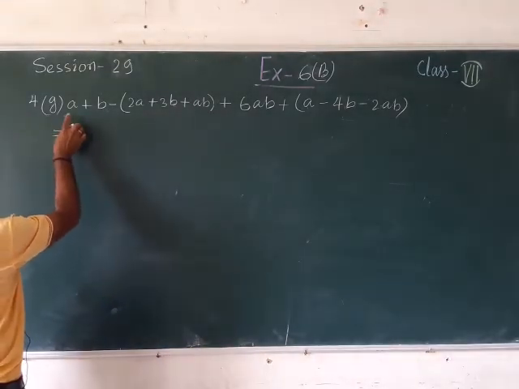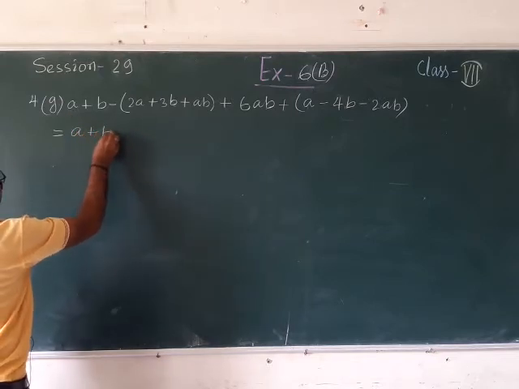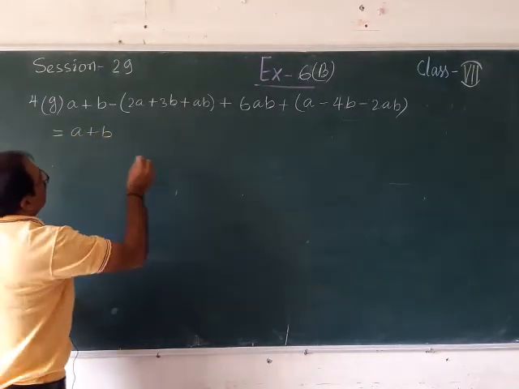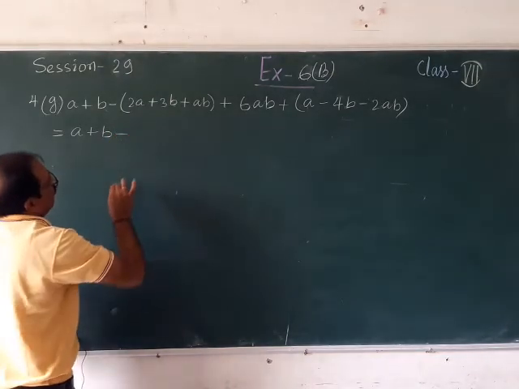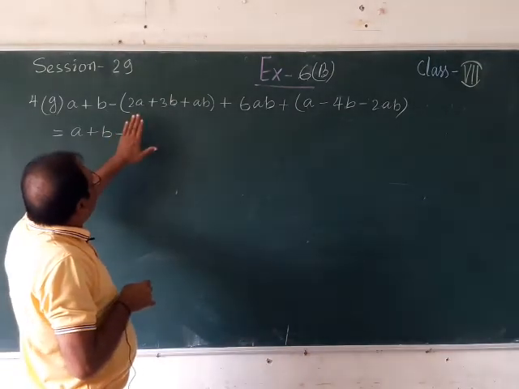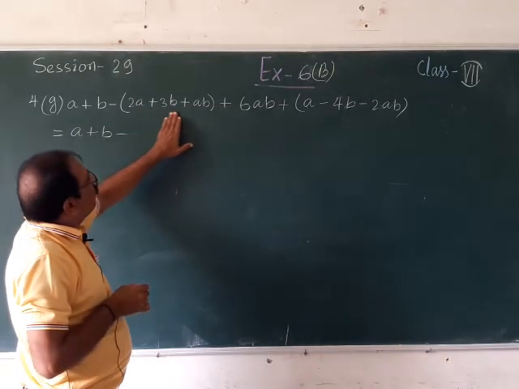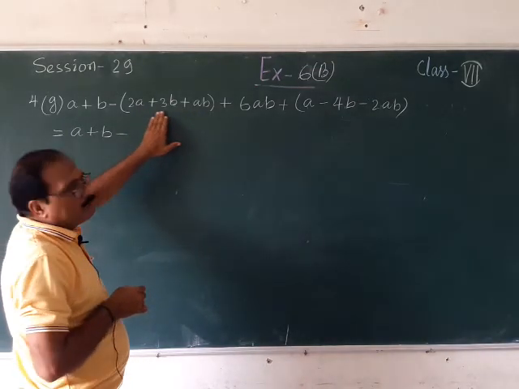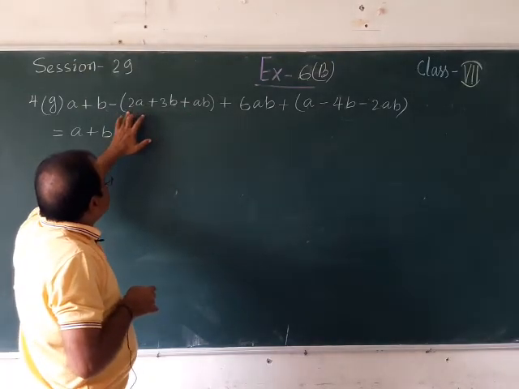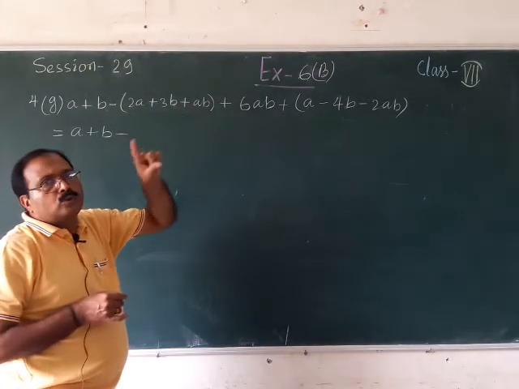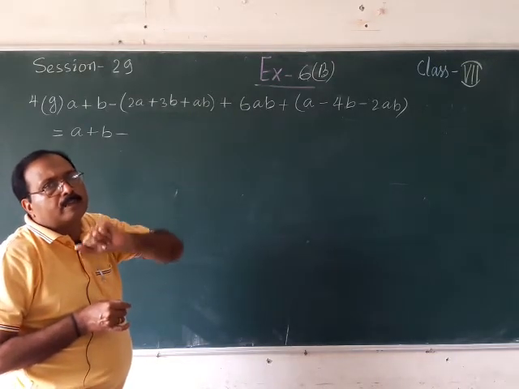I am writing equal to, then copying a plus b, you just need to copy, and open the bracket first, applying the BODMAS rule. First of all we have to work on the bracket. Before opening the bracket you need to check if there is any term which can be added or subtracted. That means if there is any working inside the bracket, you need to do that working first, then you can open the bracket.